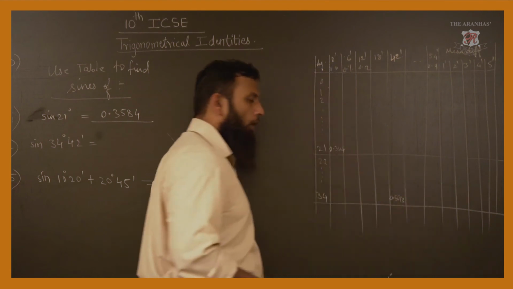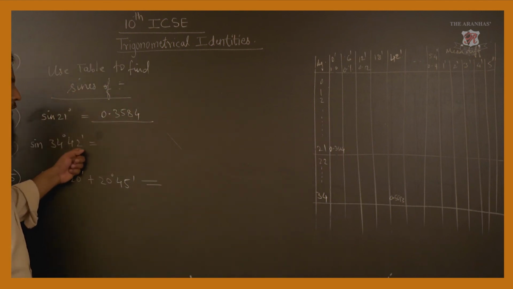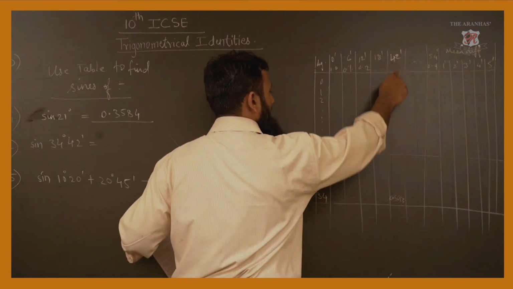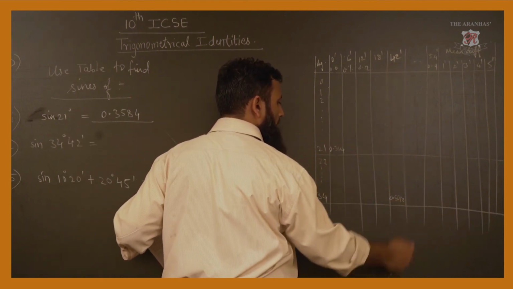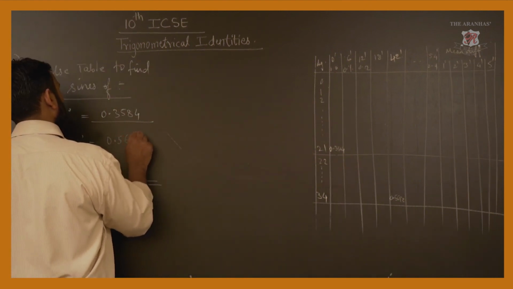How to check the value of sine 34 degree 42 minutes? You have to go in this way, 34 degree and 42 minutes. So the value comes out to be 0.5693.